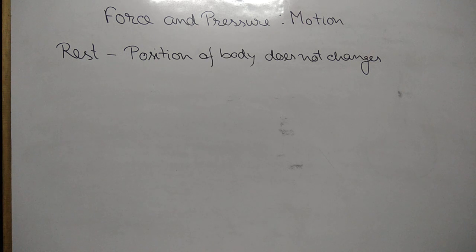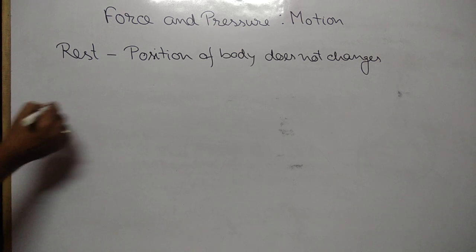With respect to that point we check whether the position is changed or not. So rest is no change of position of a body. Rest occurs when the position of a body does not change with respect to surrounding.